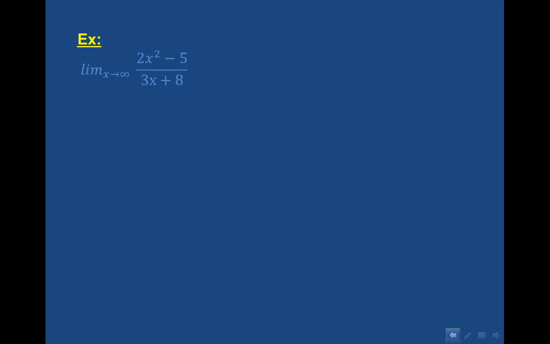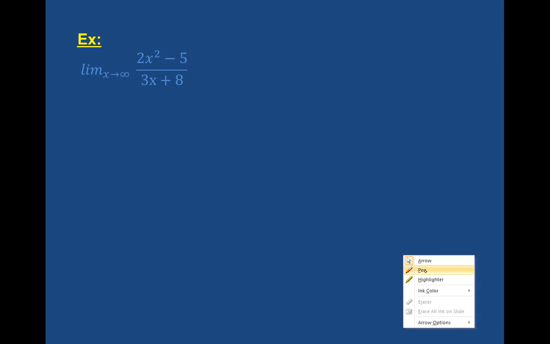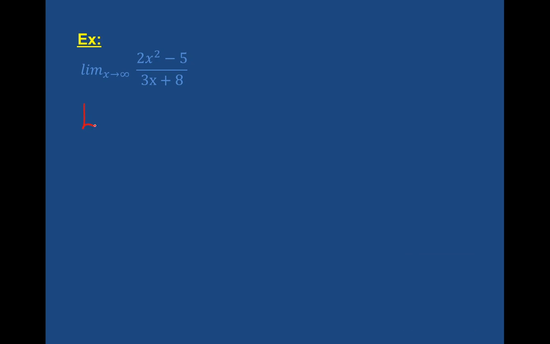So I'll divide both expressions by x. Limit when x tends to infinity of 2x squared over x minus 5 over x, 3x over x plus 8 over x. X squared divided by x is x.